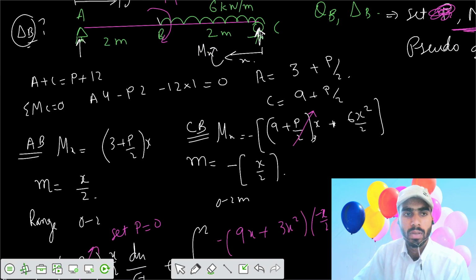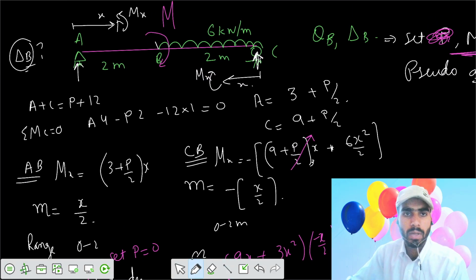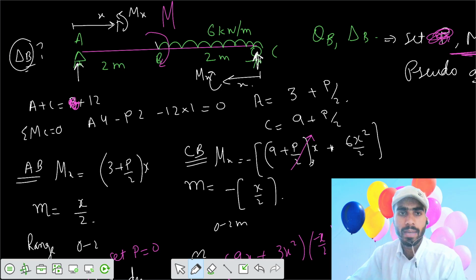Now let's say you can write A plus B equals to 12, A plus C equals to 12. Now the summation of moments at C equals to 0. You can write A into 4, then this one is 0. Then this was your clockwise A into 4, and this is also clockwise plus M, then minus 12 equals to 0.